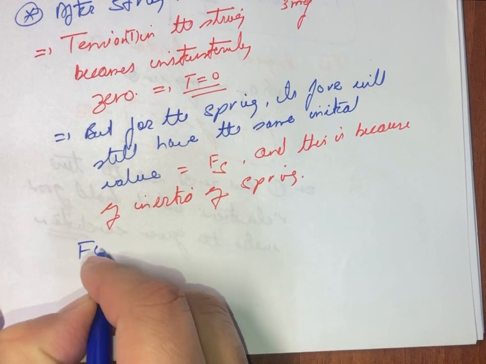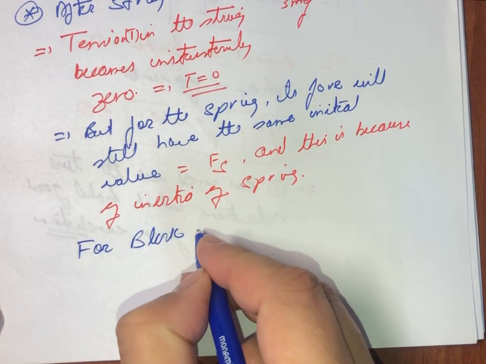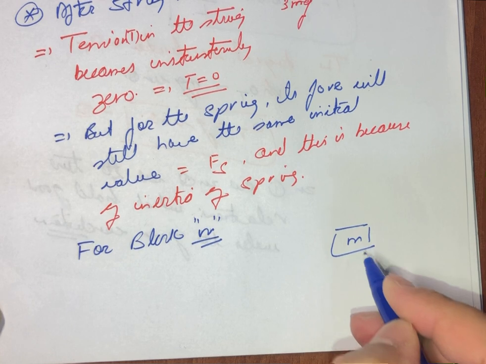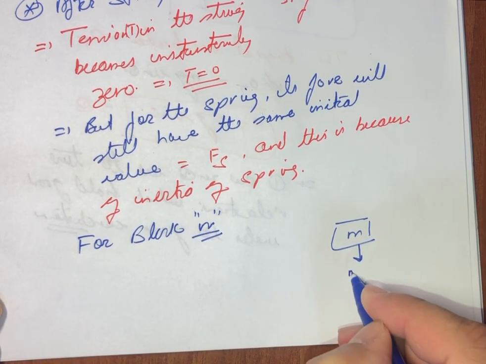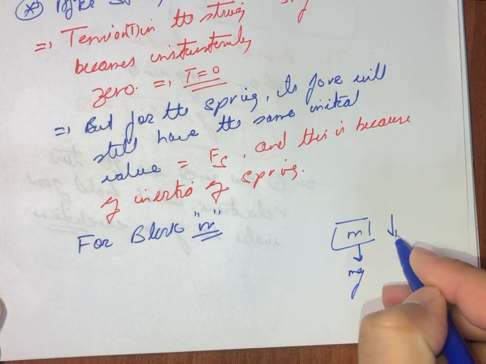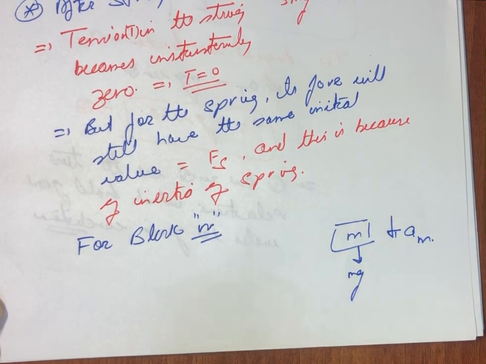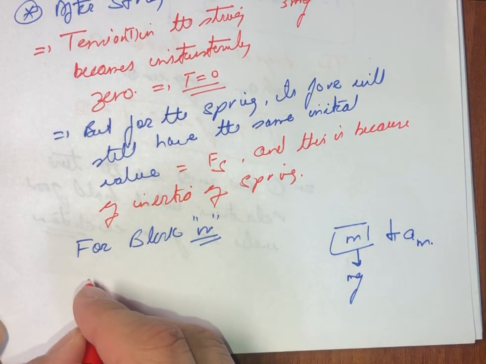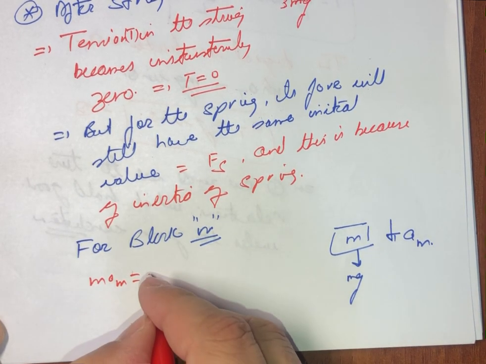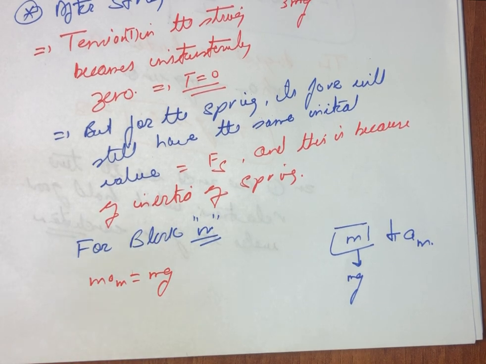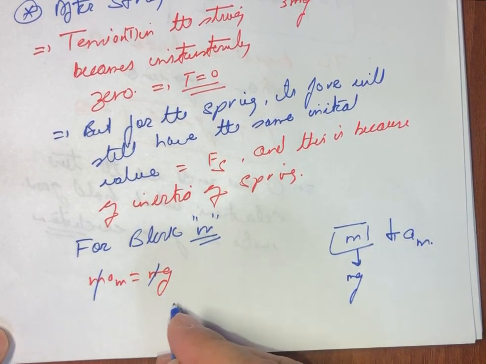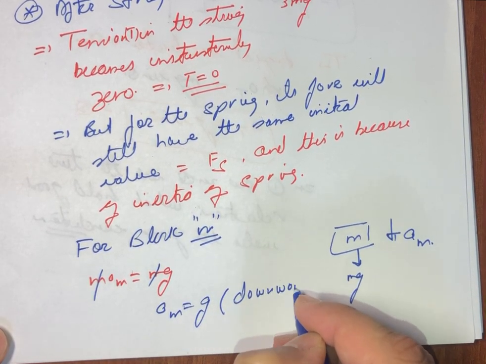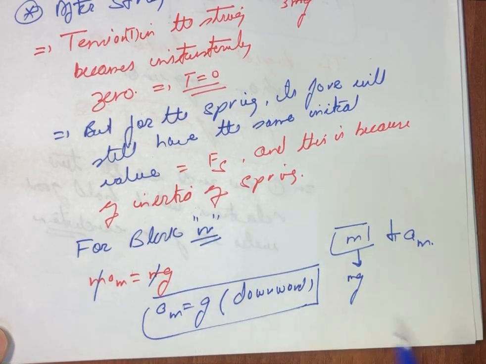For block m, in the downward direction we have mg, and let us assume that it is moving in the downward direction with the acceleration of a_m. Therefore m times a_m will be equal to mg, and m cancels out, so we get the acceleration of a_m is equal to g, and this is in the downward direction. So this is the first part.